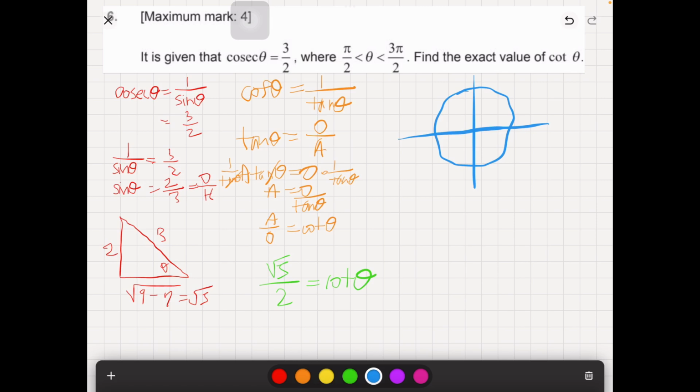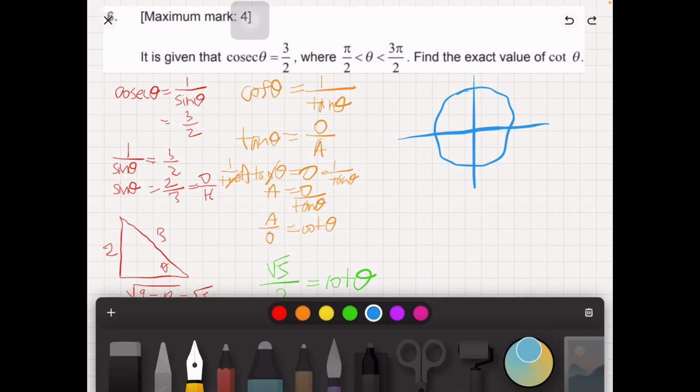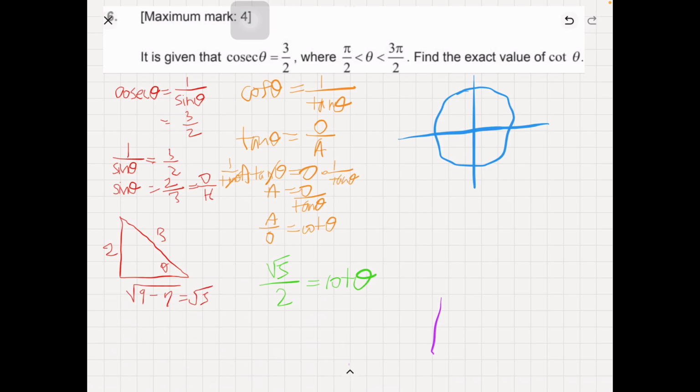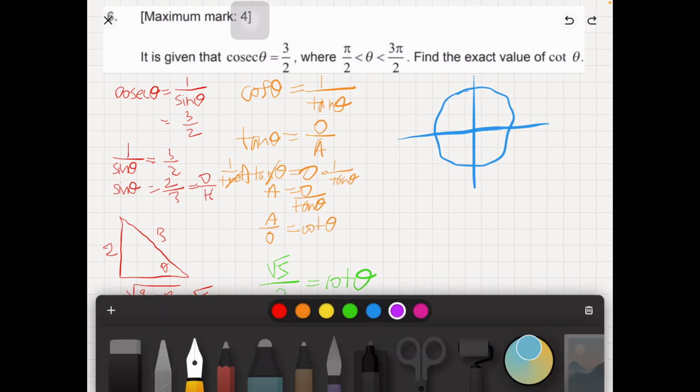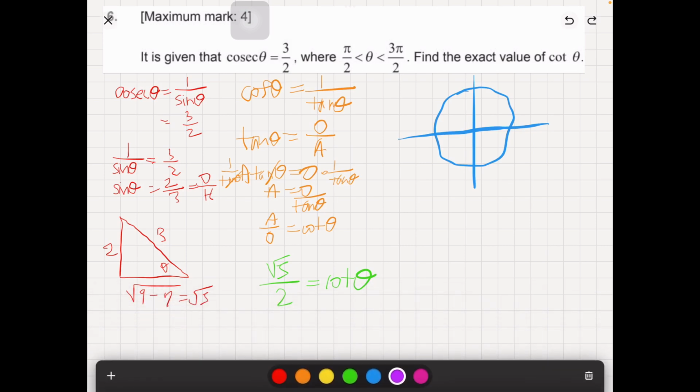So remember from unit circles that this point here is pi over 2, and this point here is 3 pi over 2. So basically, it could be here or it could be here. Now, which quadrant are we looking at?